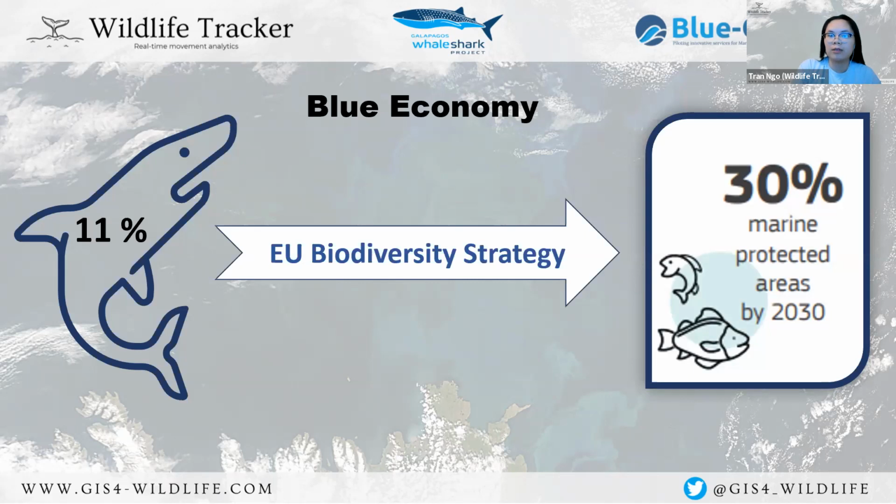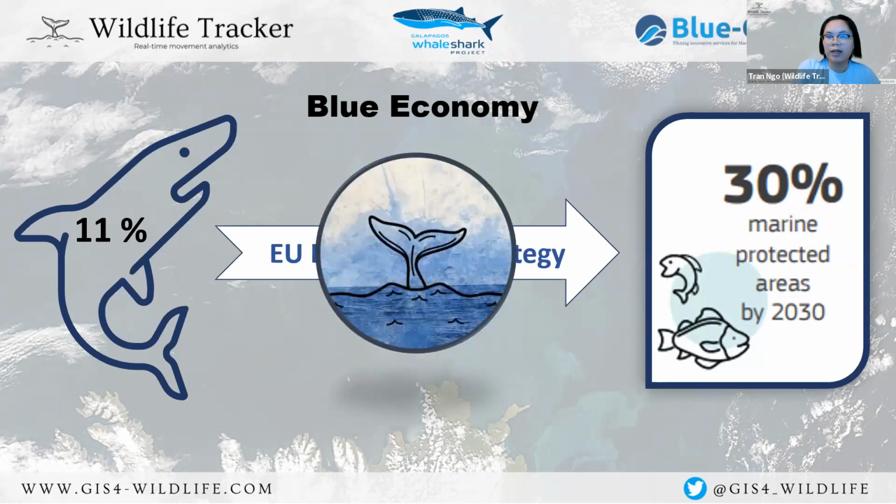Due to the lack of management and also updated information, it's very hard to expand the marine protected area now with the correct delimitation. So that is the reason why Wildlife Tracker exists, and we are dedicated to bringing the Earth observation data to help expand the knowledge and the data-driven recommendation to expand the marine protected area.